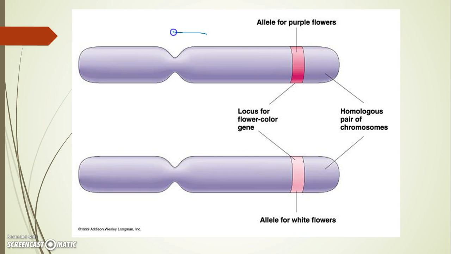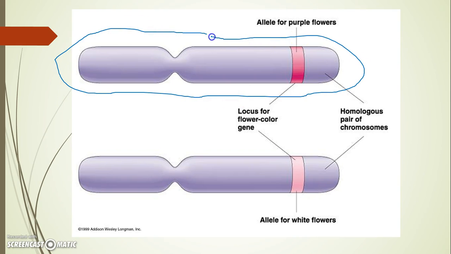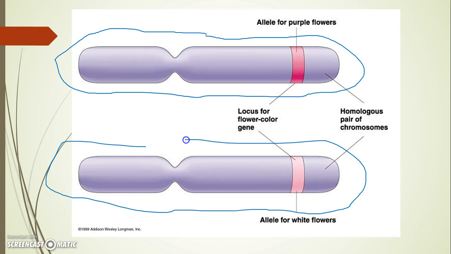So, this whole thing is the gene. And here is the other set. So, we have one set up here, one set down here. Now, there's not necessarily mothers and fathers in plants, but just for argument's sake, the top we'll say is the father's genes, and the bottom is the mother's genes. Now, the whole thing is the gene.